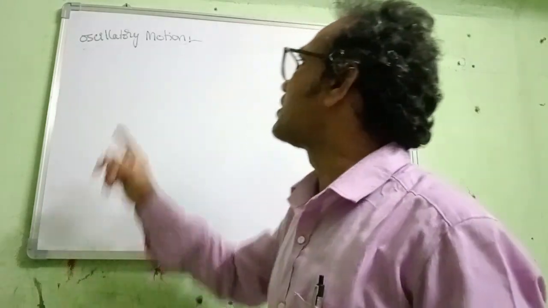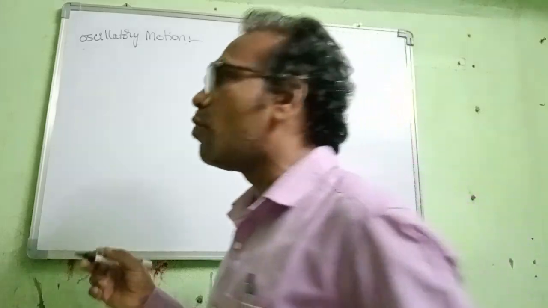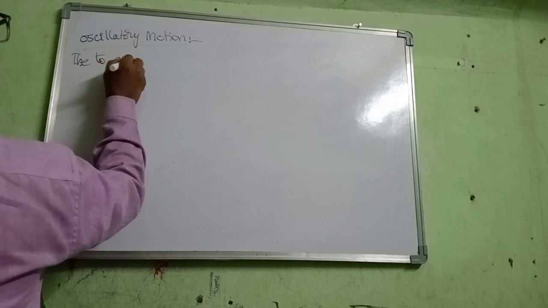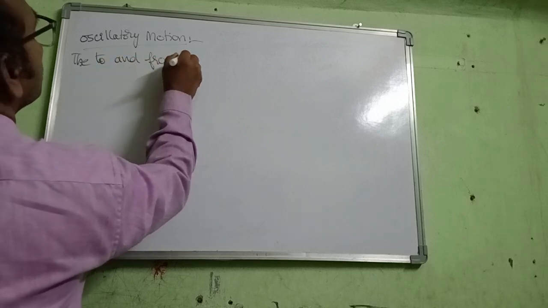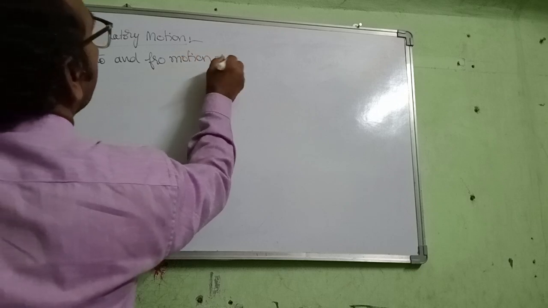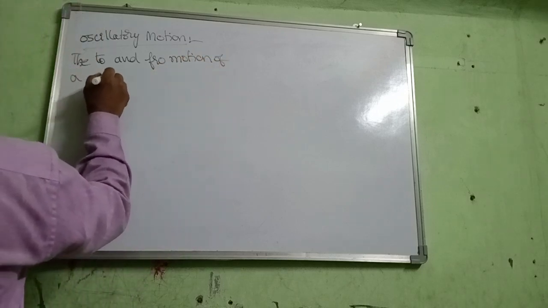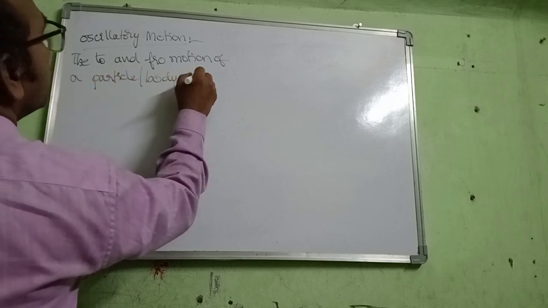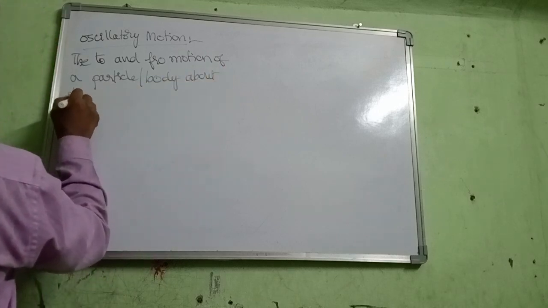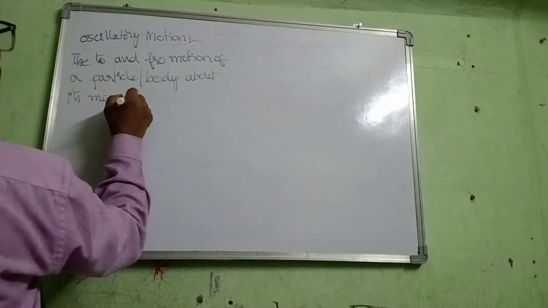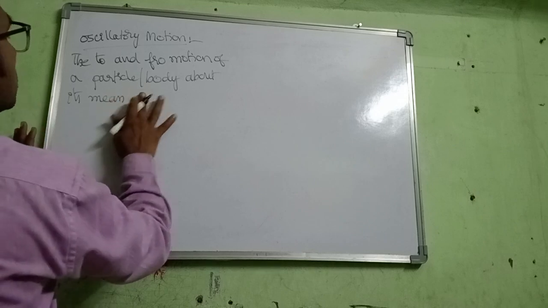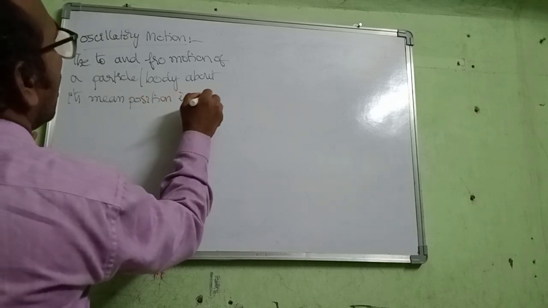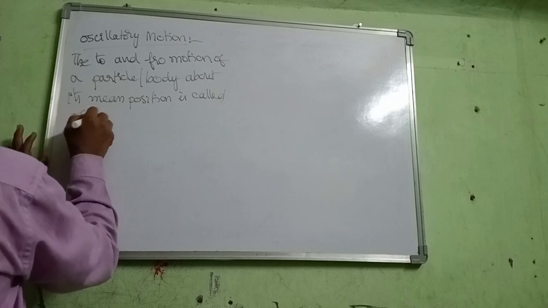So what is oscillatory motion? The to and fro motion of a particle or a body about its mean position is called oscillatory motion.